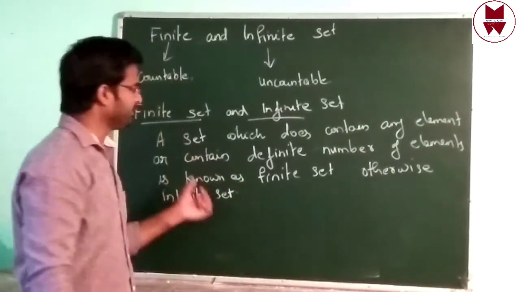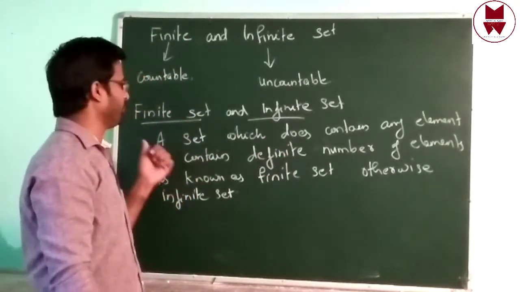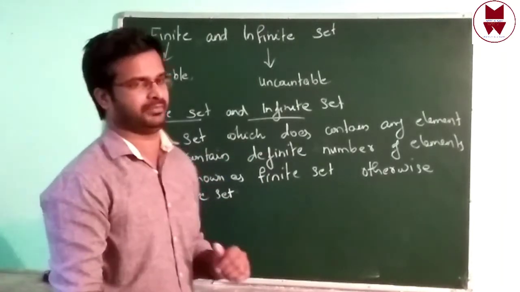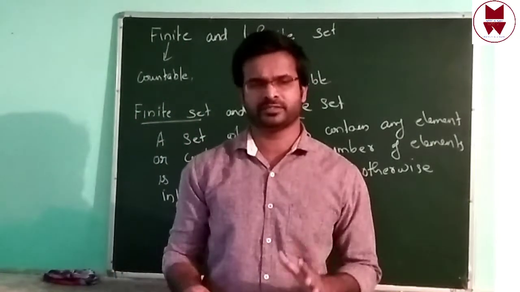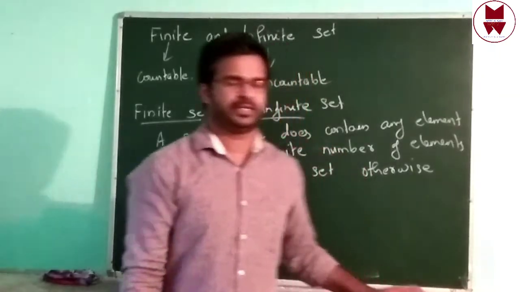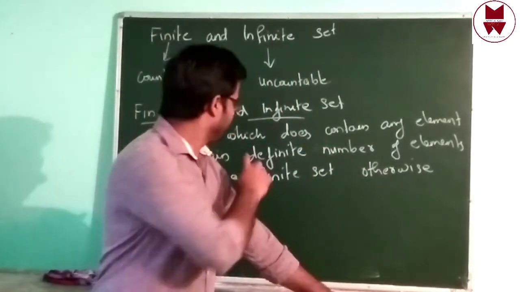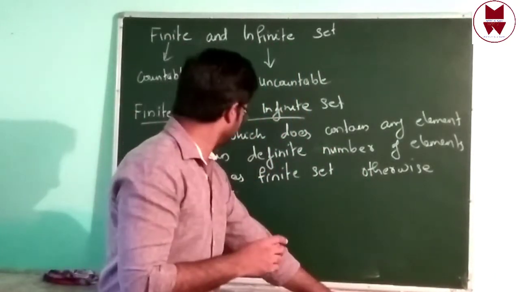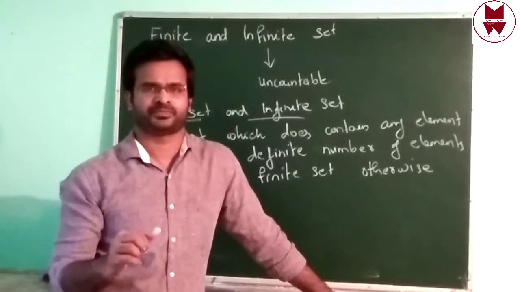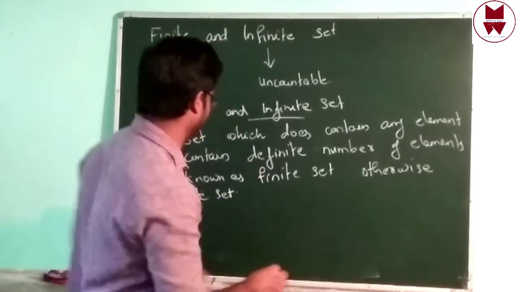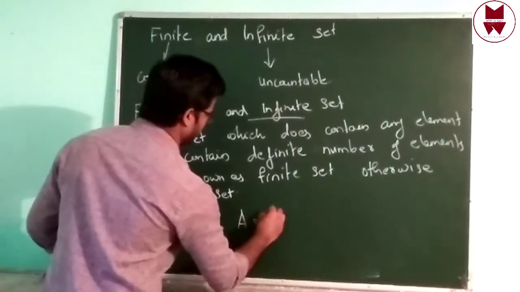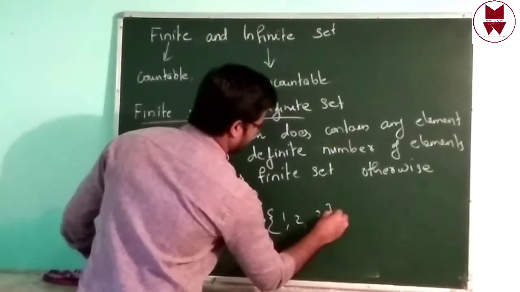A set which does not contain any element or contains a definite number of elements. In one set, no elements means we can say that is a finite set. Otherwise, it contains a definite number of elements. We can see one example, from there we can understand more. Set A equals 1, 2, 3.